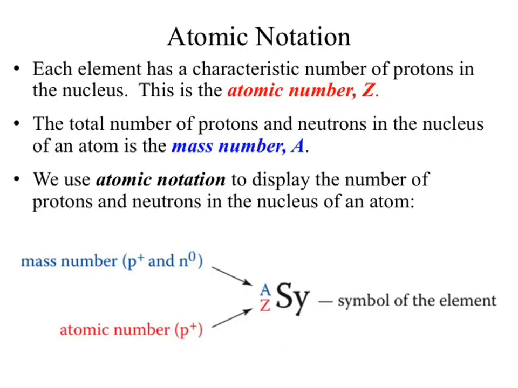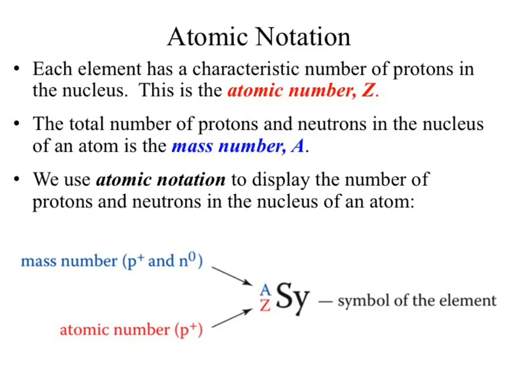Which now brings us to atomic notation. If we're now going to represent our elements, we want to come up with some way to look at the combination of all of these pieces and summarize that neatly and succinctly. So we've got some new terms coming out of this. We've got the atomic number, which is given the symbol Z for God knows what reason.